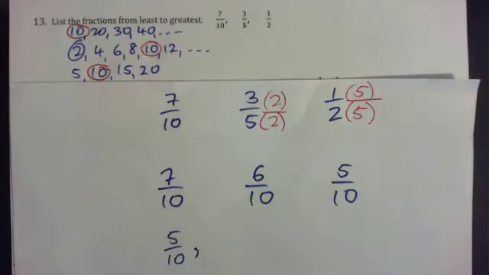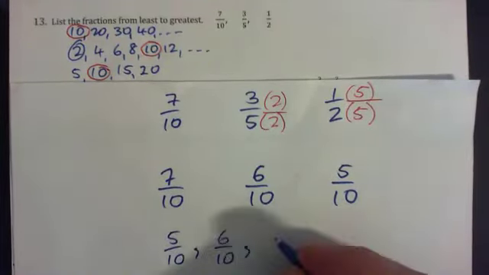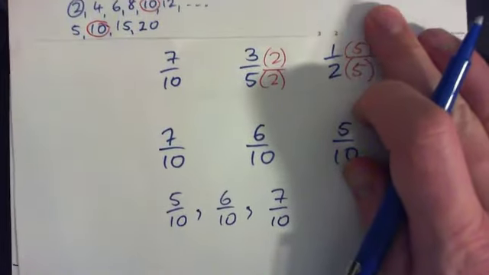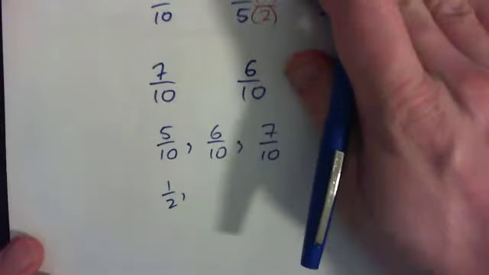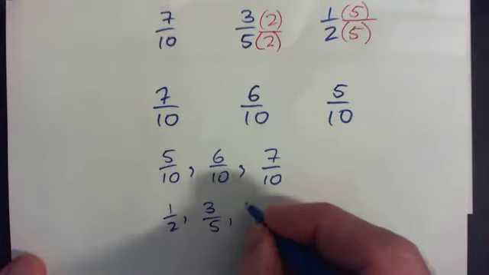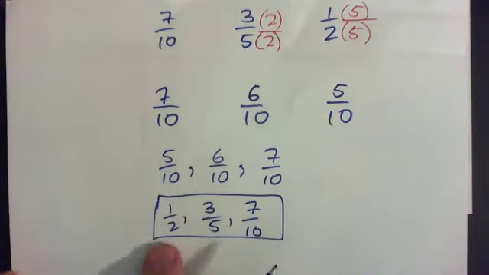What's the next biggest fraction? 6/10, right? And what's the next one? 7/10, right? And those correspond to the original fractions that we had of 1/2, 3/5, and 7/10, and that's the answer. We've listed them from least to greatest.